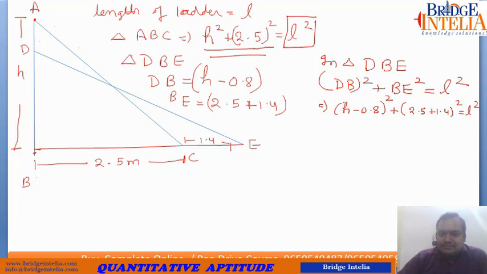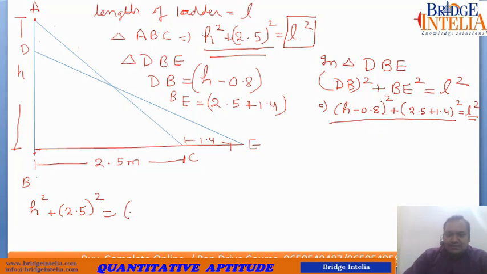The same L square can also be written in this manner. From these two, it can be concluded that H square plus 2.5 whole square must be equal to H minus 0.8 whole square plus 2.5 plus 1.4 whole square.